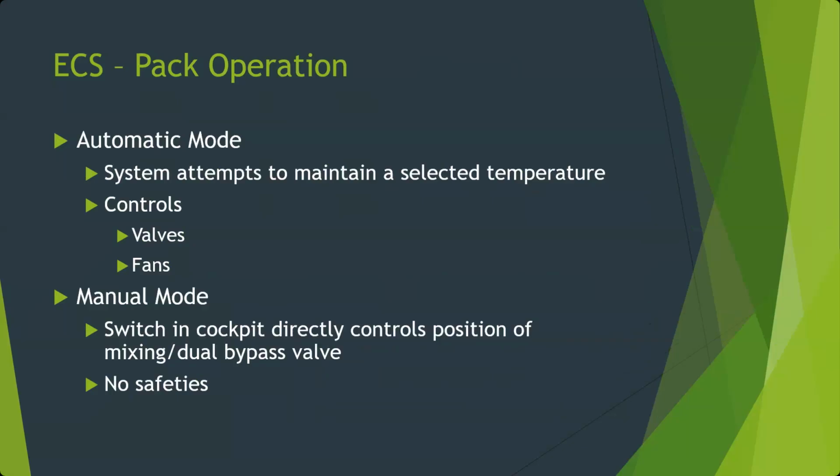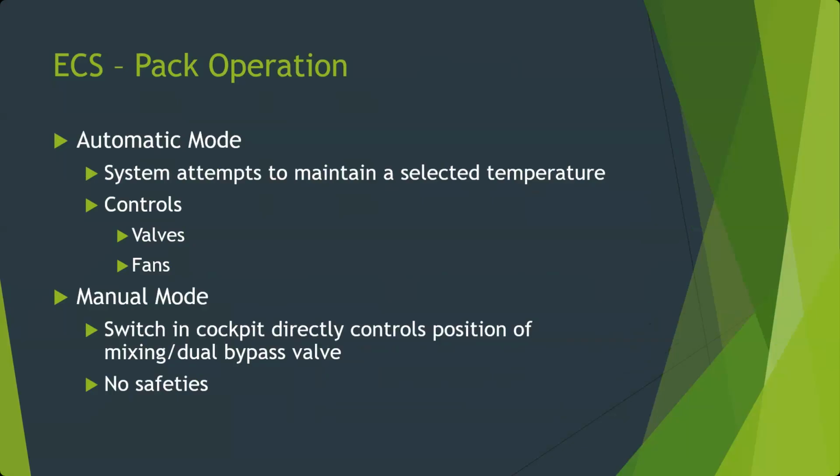And you are able to just directly control the mixing valve. So you turn it towards hot and hold it, and the valve will open the hot air and maybe close off the cold air. You turn it or push it to the cold position, it closes the valve for the hot air, opens the flow of the cold air. And you just do that till the temperature feels right. Okay.